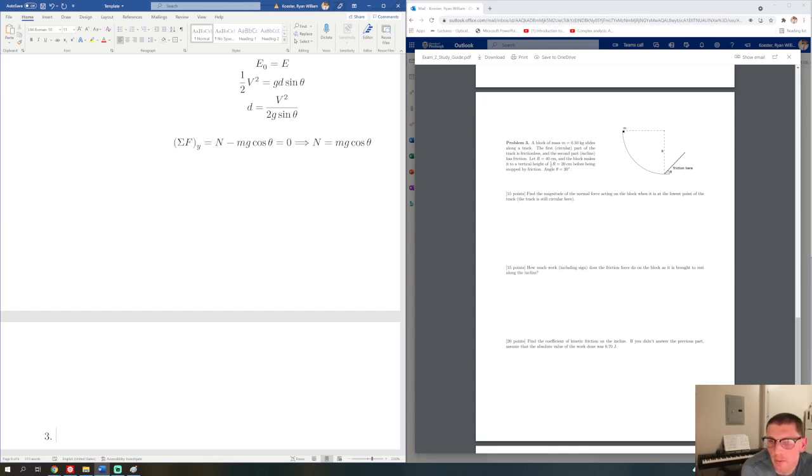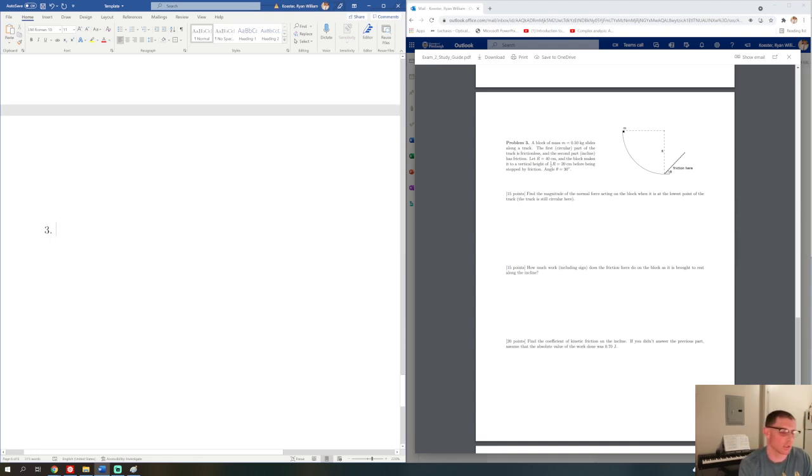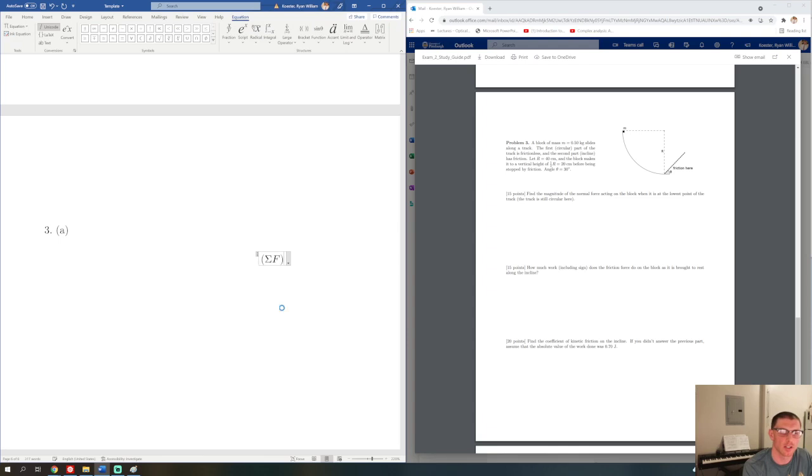Okay, so magnitude of the normal force acting on the block when it is at the lowest point of the track, right? So he says the track is still circular here, which maybe indicates that we want to think about circular motion. So we just look at the net force in the y direction. If we made the free body diagram, we would have the normal force pointing up and the gravitational force pointing down.